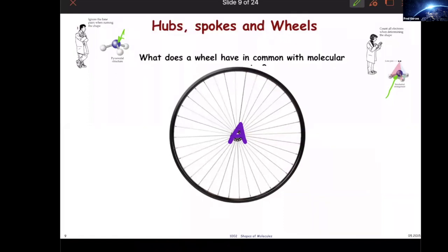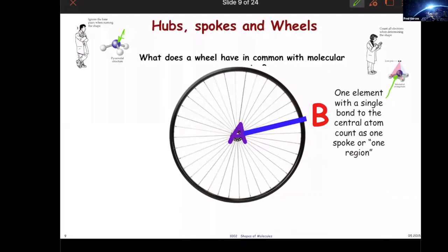If you have a single bond, this is what we call a single domain, because it's pointing in one direction. We can think of it as a spoke on a wheel pointing to something that's connected.